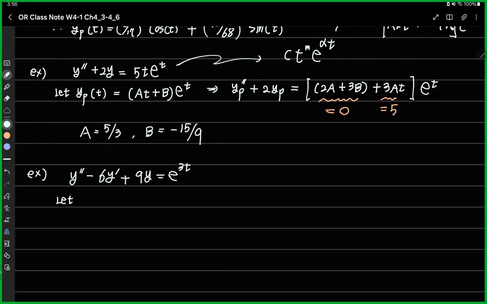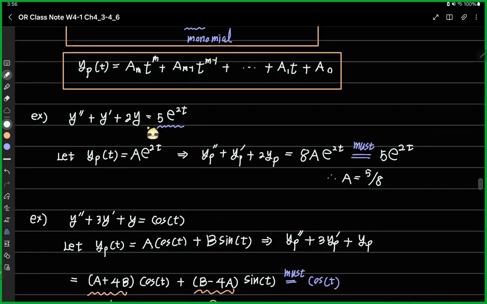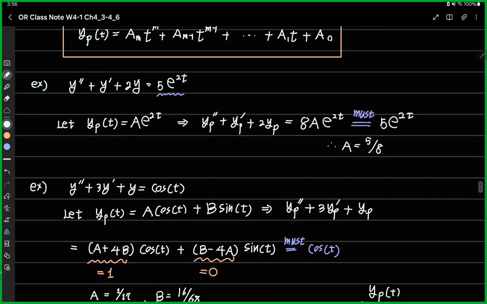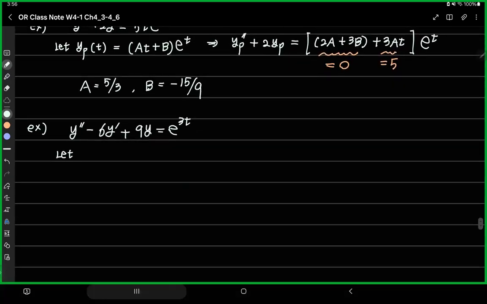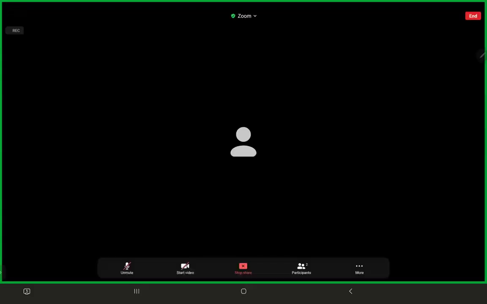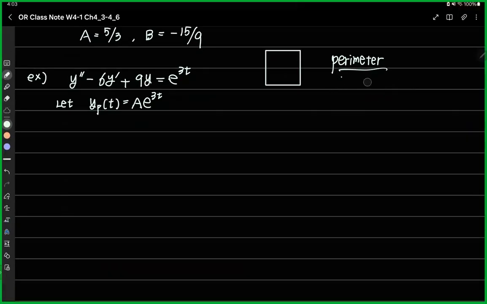You don't see the difference between these problems and those problems. So let's say a specific solution is a times e to the 3t.